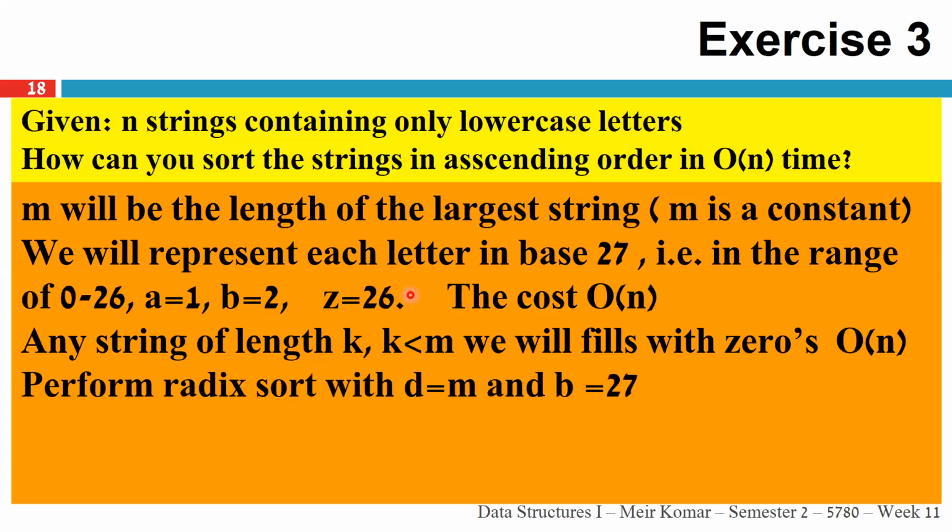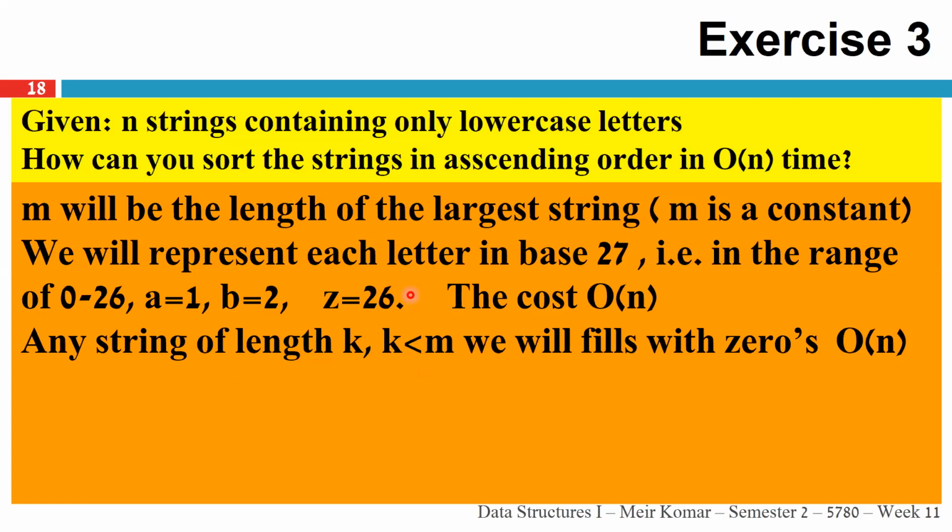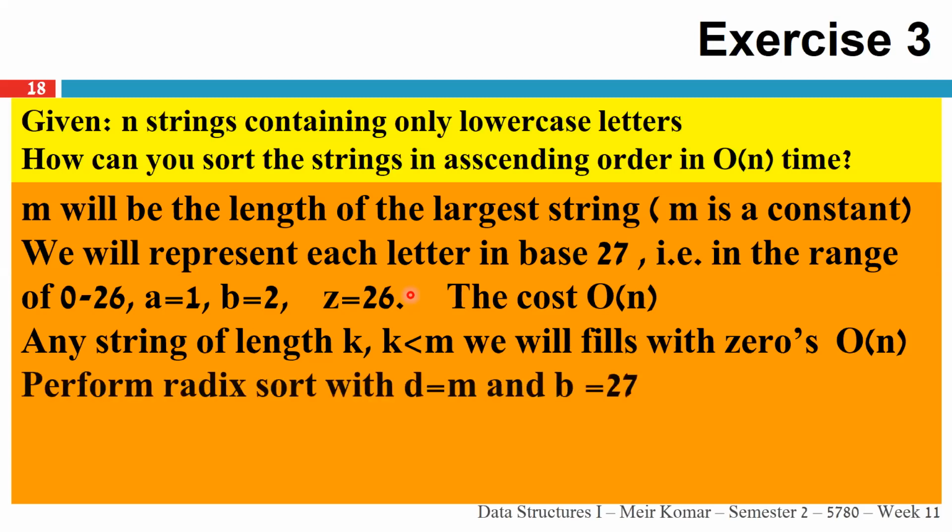Oh, I see. So we're not doing it by each digit, each letter. No, not yet. And now this is a type of pre-process. This is getting it ready. I'm taking the data and getting it ready to be able to do this radix sort. That's what's happening now.